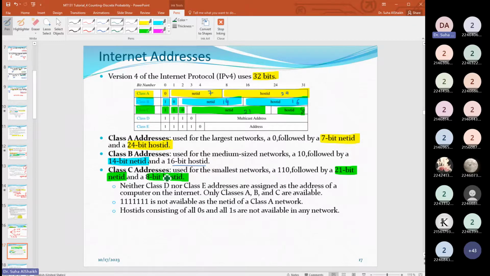Class D and class E, nobody is using them. Okay. Class D and class E are not used for any address of a computer on the internet.